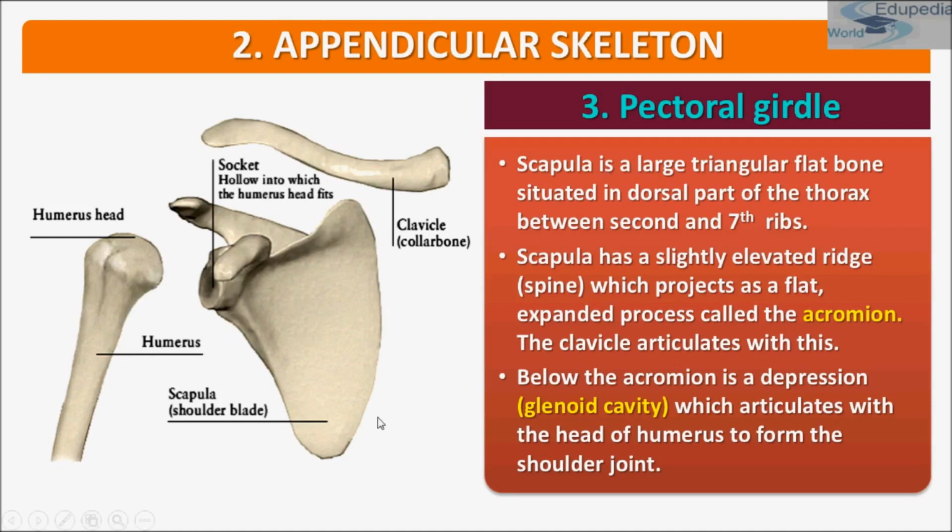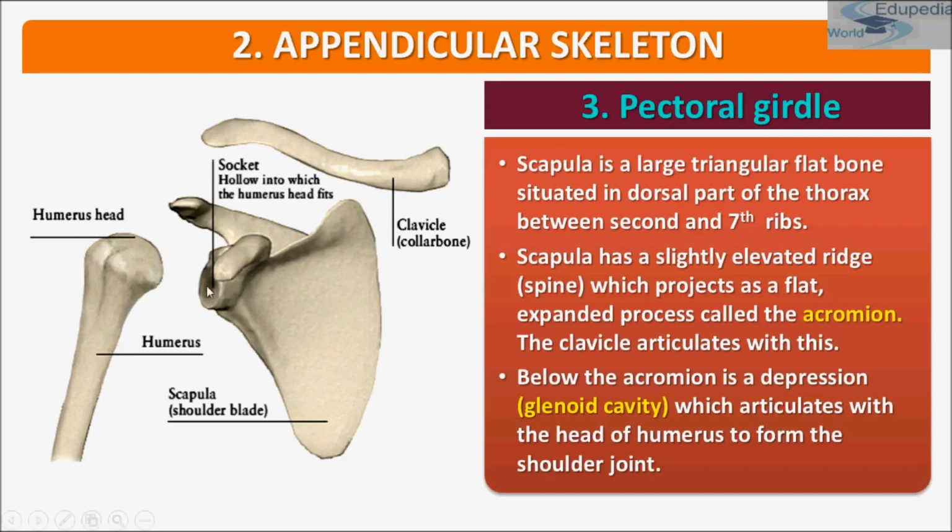On the scapula, there is a slightly elevated ridge which projects as a flat expanded process, which we call the acromion. The clavicle moves with the help of the acromion.